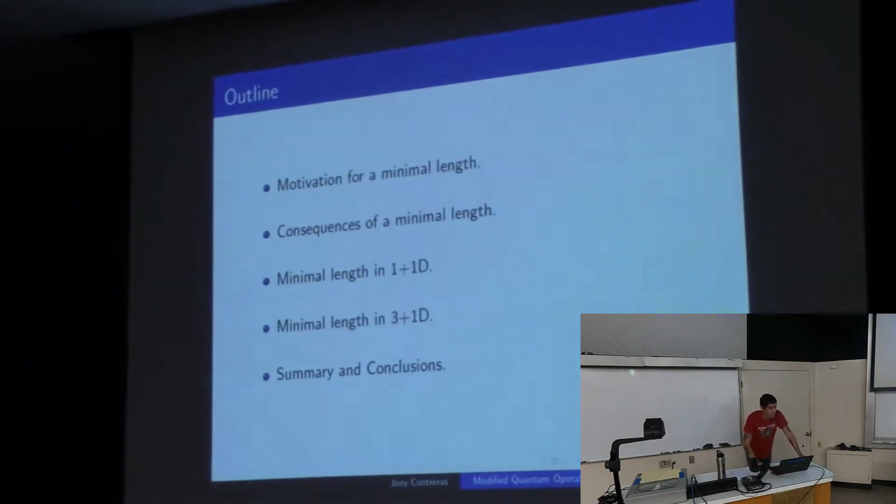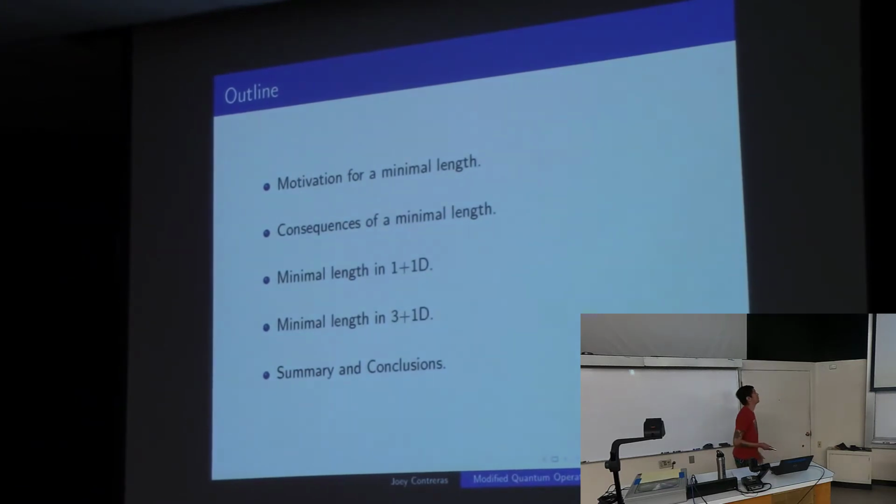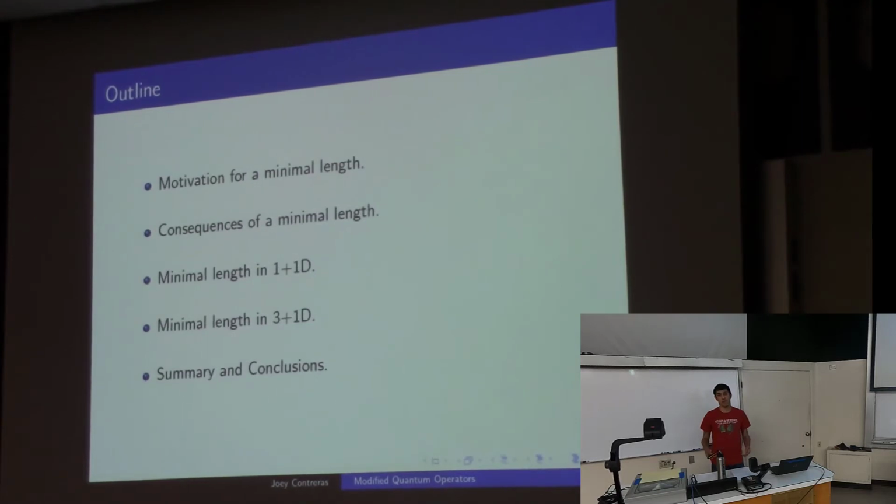Before I get started, I want to talk about the outline of what I'm going to go over. First is a motivation for minimal length: why do we care in the first place, why do we think there might be a minimal length, and why is it a question worth exploring. After that, I'm going to talk about the consequences of a minimal length. If it is a thing, what type of physical consequences might we see, and what kind of interactions might we be able to predict according to theory.